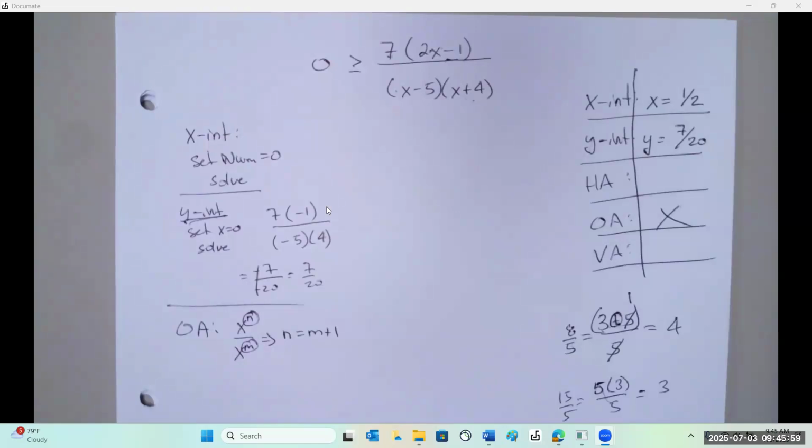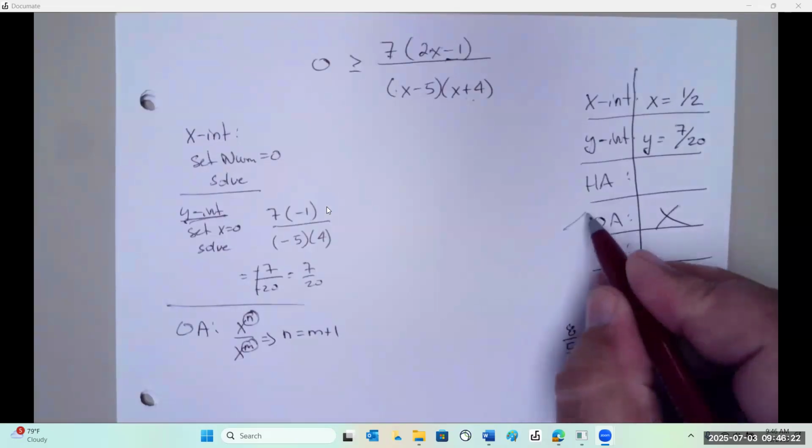Do we have a horizontal asymptote? If so, what is it? I was mistaking the oblique asymptote for the horizontal asymptote. But the oblique asymptote is the one that goes slant.